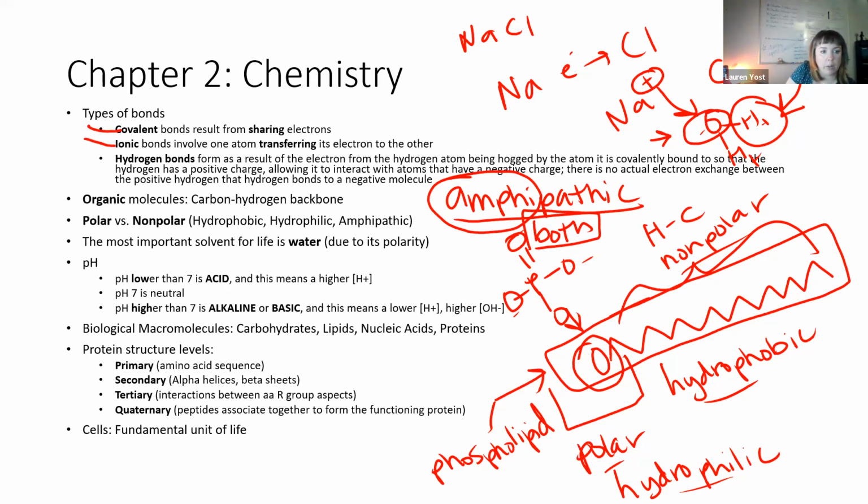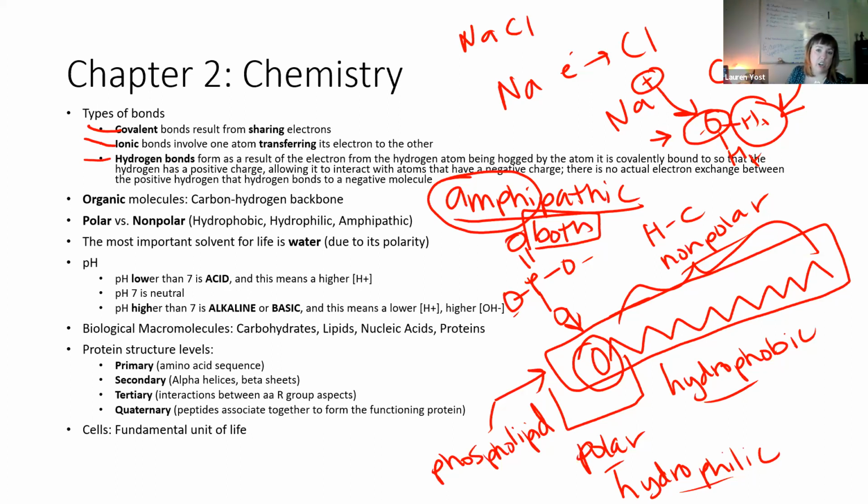Okay, so we have talked about our sharing. We talked about ionic bonds. A hydrogen bond, we talked a little about this. So the hydrogen bonds basically occur when we have creation of these polar aspects to these molecules. So the oxygen, being electronegative, hogs the electron from the hydrogen. The hydrogen gets its positive charge, the oxygen gets its negative charge, but it's still just a covalent bond.